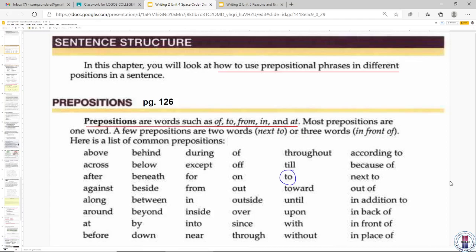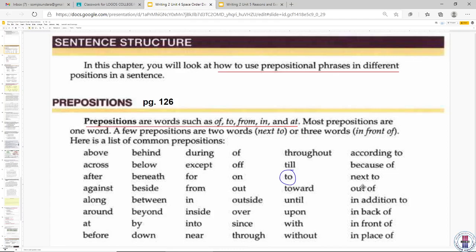I think there's about 113, 114 prepositions. Words such as above, behind, from, in, out, upon, with, right? Next to, because of. So remember, prepositions are words that connect two ideas, right?